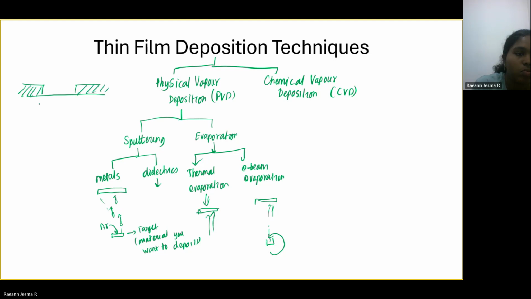If you are going for sputtering, your metal will get deposited here, and here.